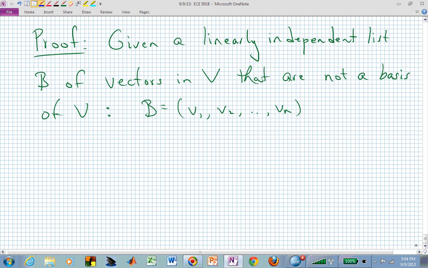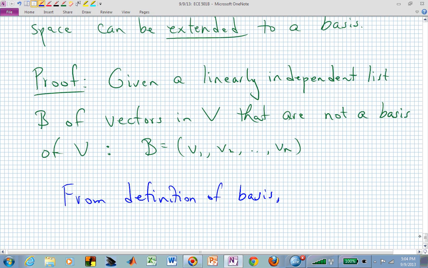Now we're failing being a basis for what reason? Well, you're giving me a set of linearly independent vectors. Why isn't that a basis?